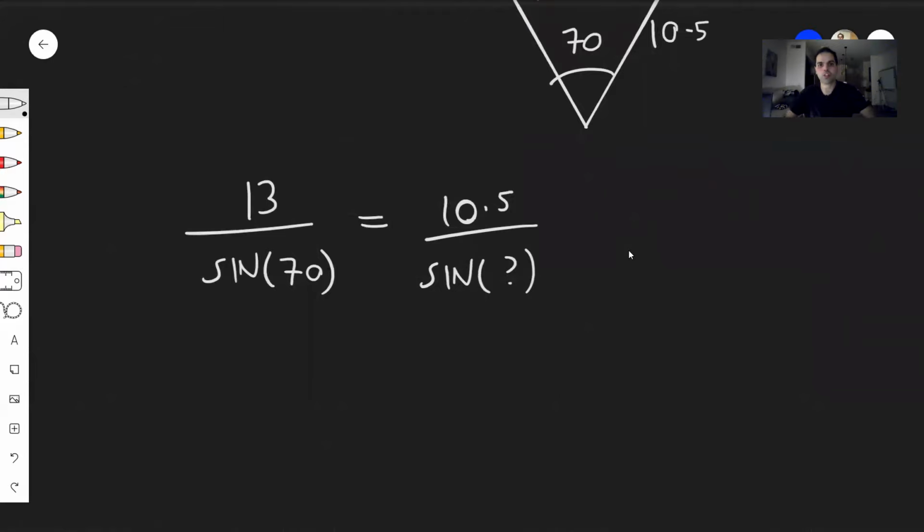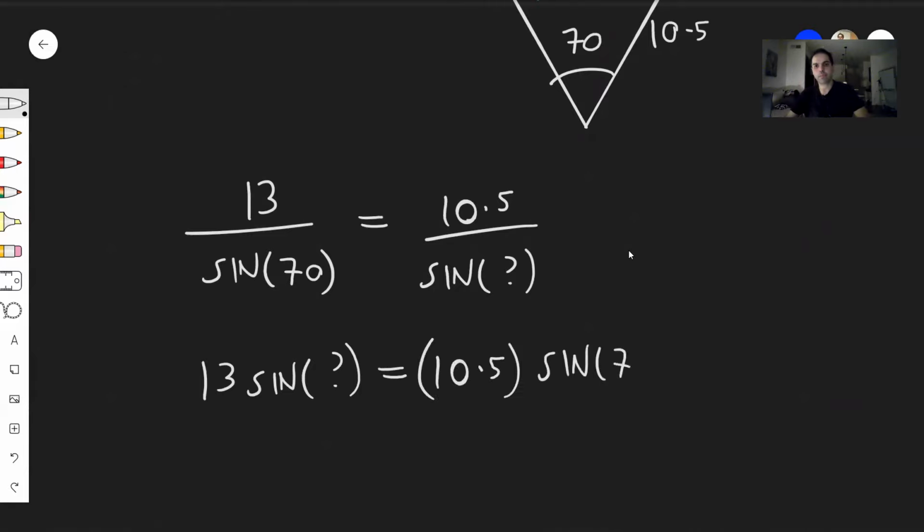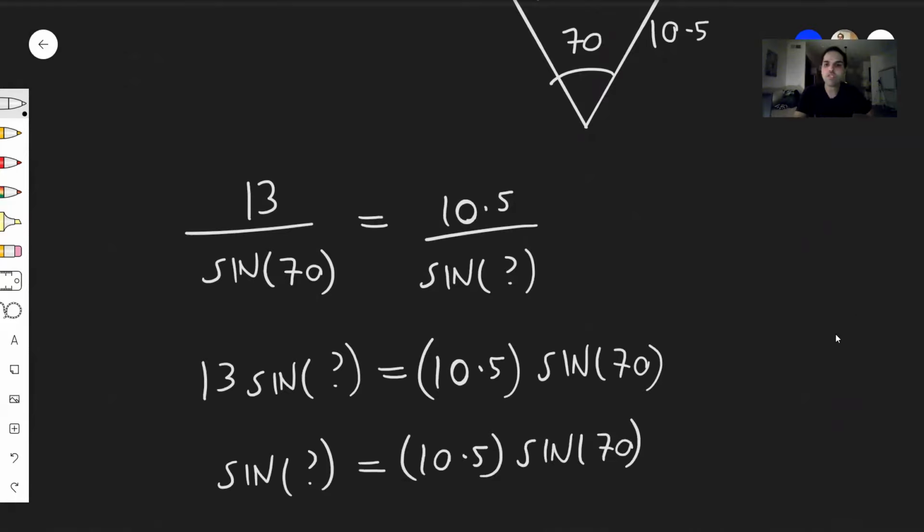And again, you cross multiply. 13 sine of question mark equals 10.5 times sine of 70. And then sine of question mark equals 10.5 sine of 70 over 13.